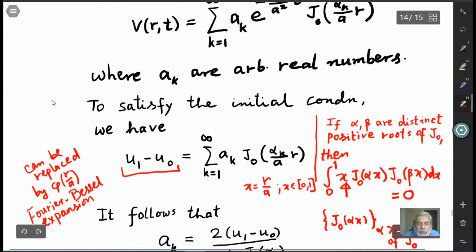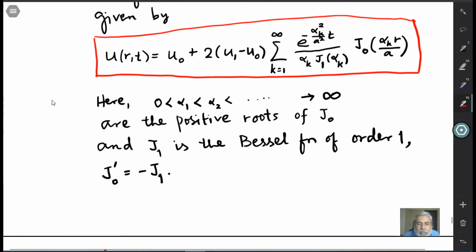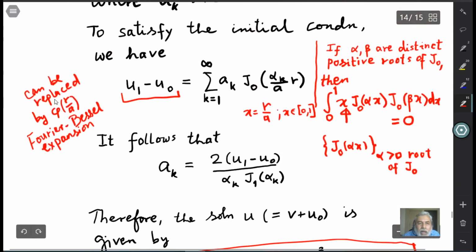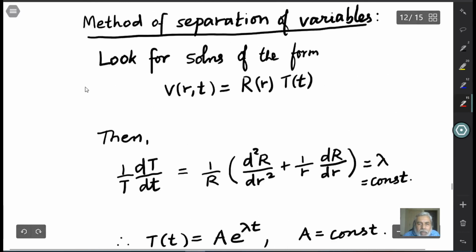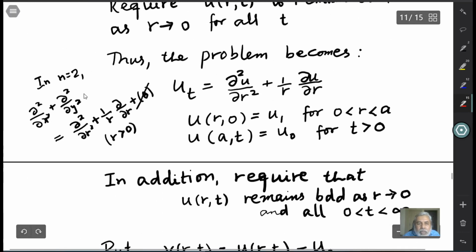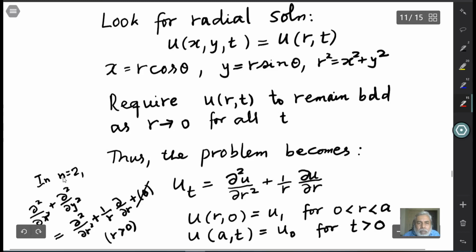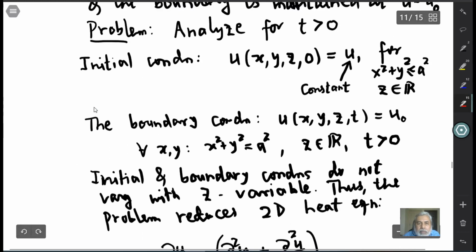In only a few situations are we able to find a solution in explicit form. Here, assuming that the initial and boundary conditions do not vary in the z variable, we deduce this. It is also possible to make everything depend on z.